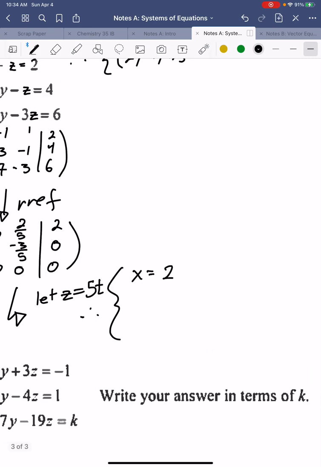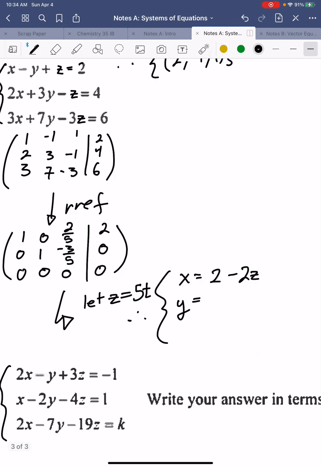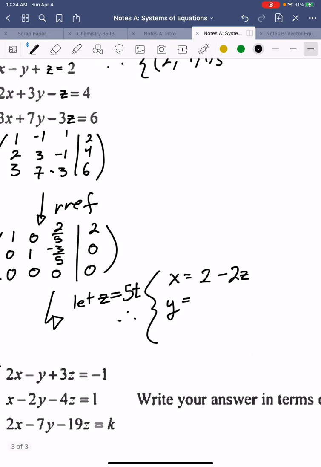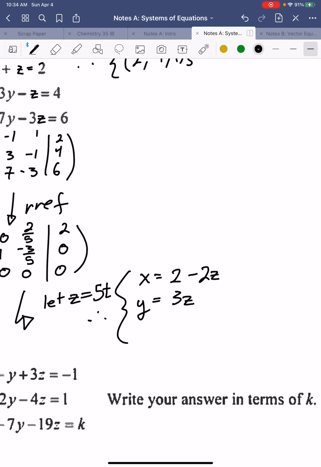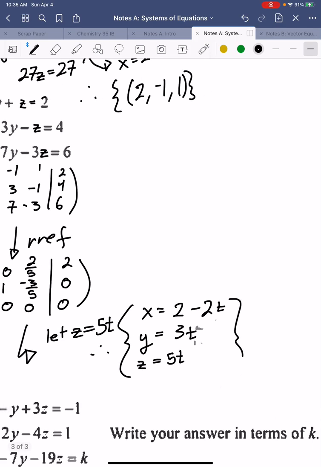So x equals 2 minus 2z, y equals 3z, and z equals 5t. Sorry, I forgot to make this t, not z, guys, t. So this is our answer. This is our solution.